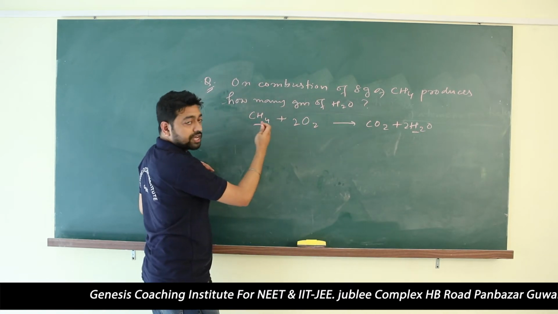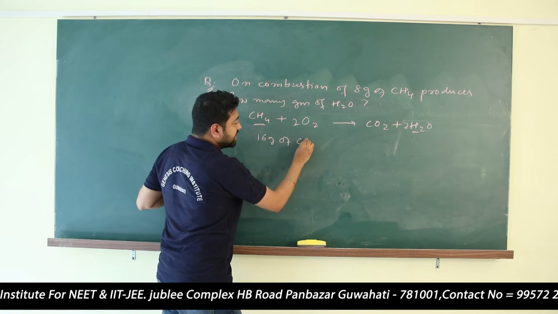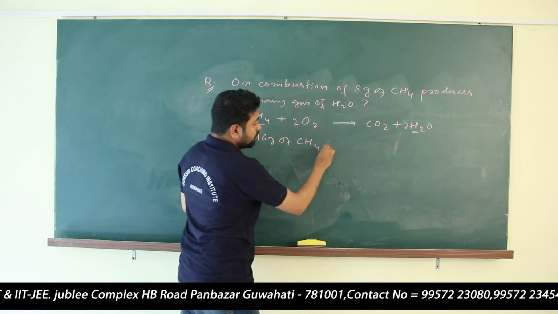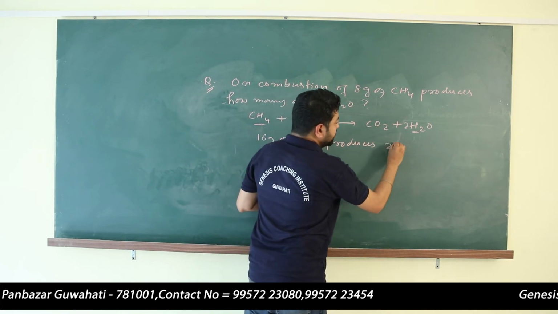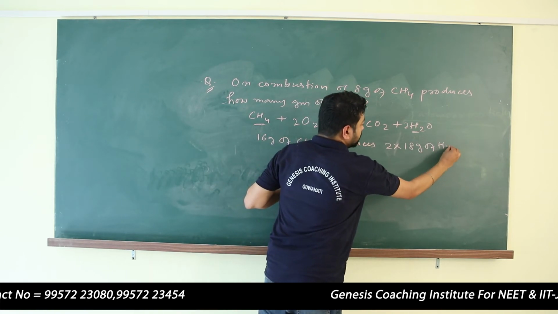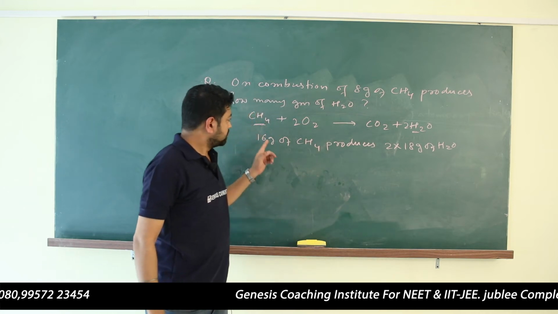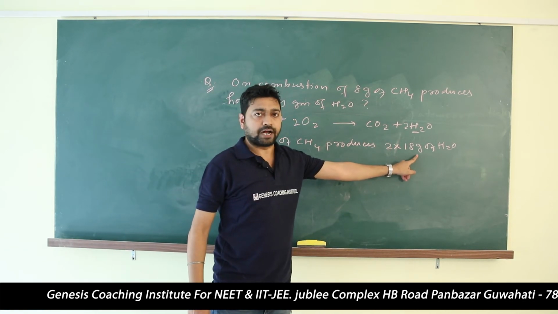Now first going through the equation, say 16 gram of CH4 produces 2 into 18 gram of H2O. Is it correct? 1 mole 16 gram, 2 mole 2 into 18 gram.